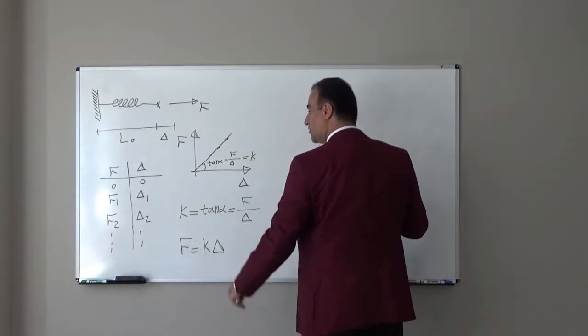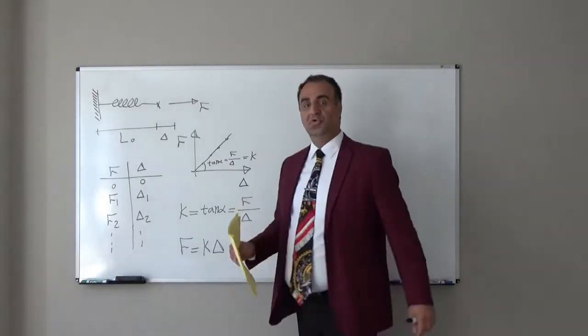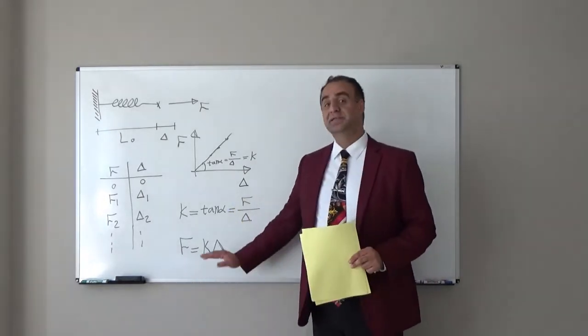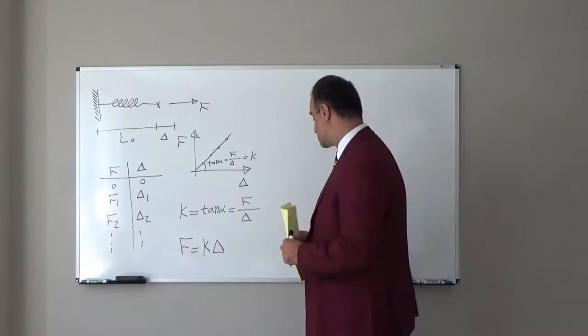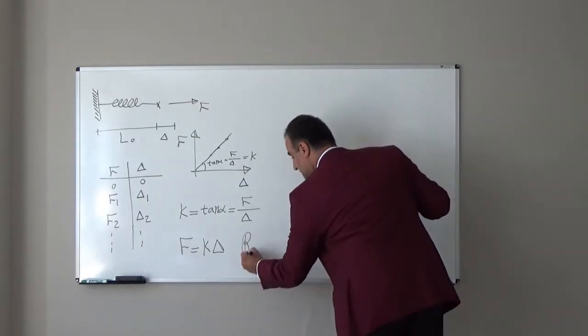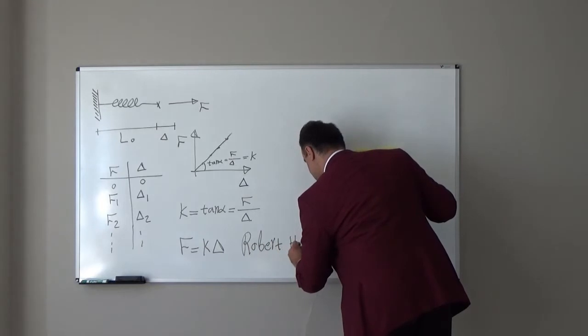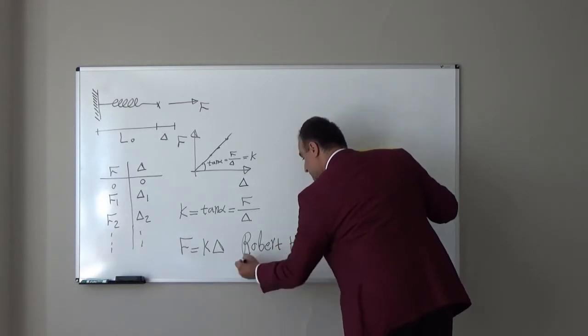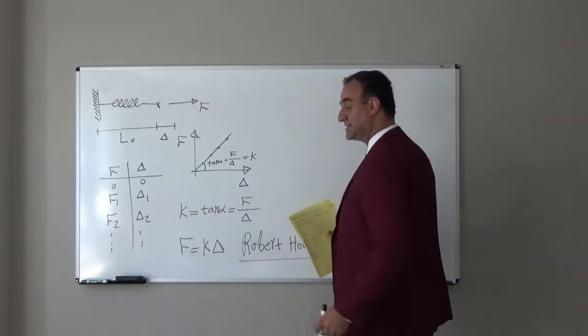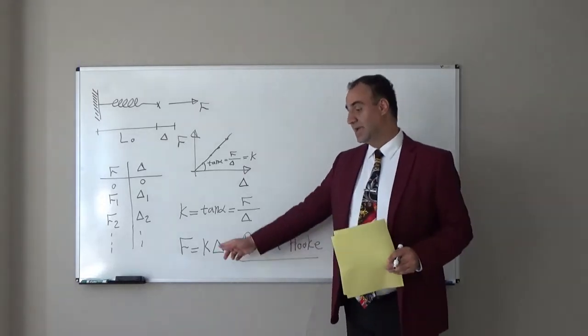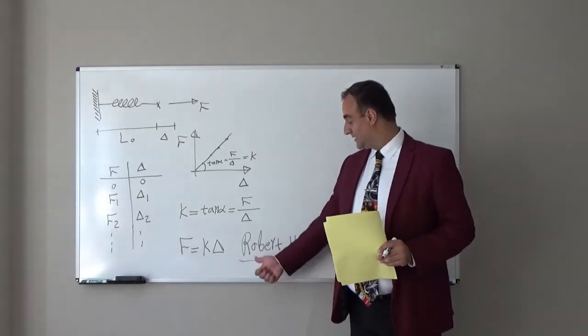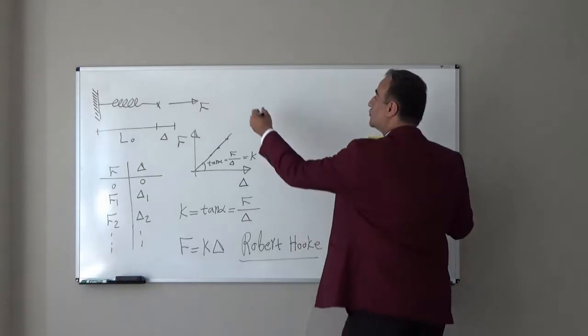This is a very important formula. You know from physics, we call it Hooke's law. Robert Hooke, in the 17th century, came up with this formula, and for that reason they call it Hooke's law.